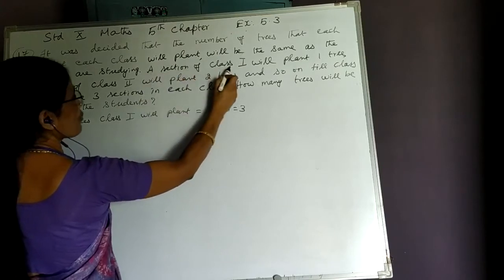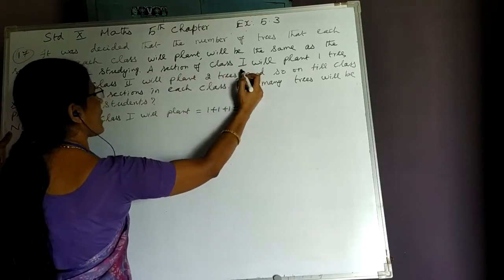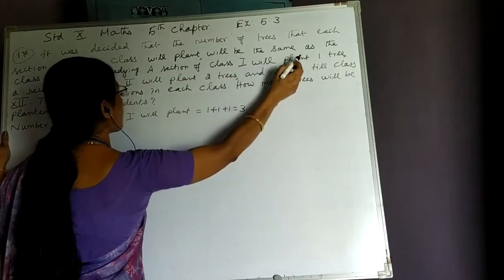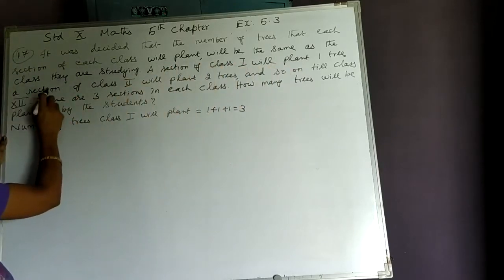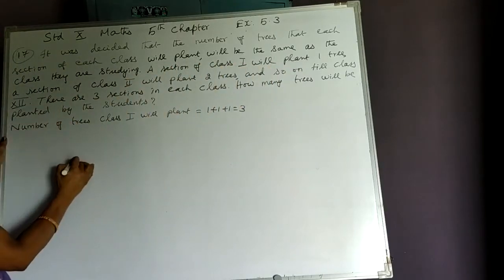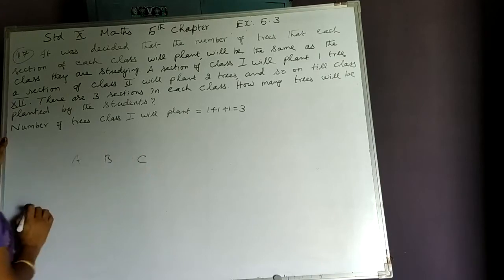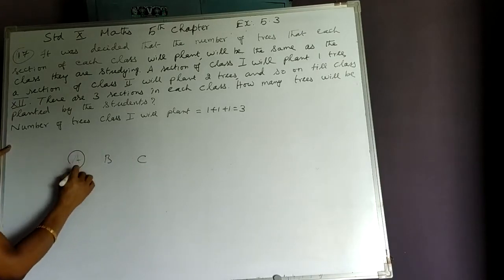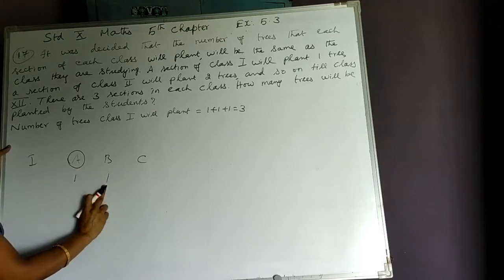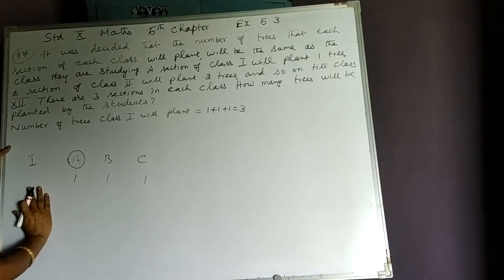So a section of class 1, suppose class 1 will plant 1 tree a section. Suppose there are 3 sections, say A, B, C. This A section will plant 1 tree of first standard, B section will plant 1 tree and C section will plant 1 tree.